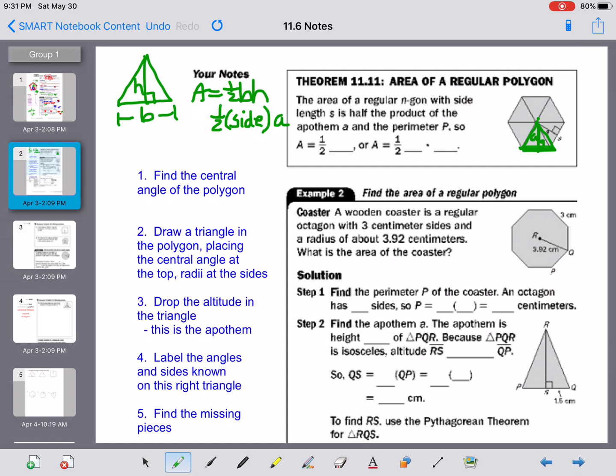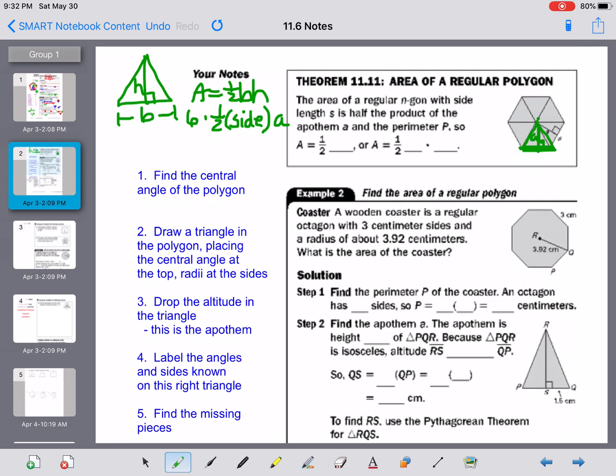And what's really nice is all the triangles are identical. So if I could do that one time, I could multiply it by 6, and it would find all my area all at once. That's a pretty nice thing.